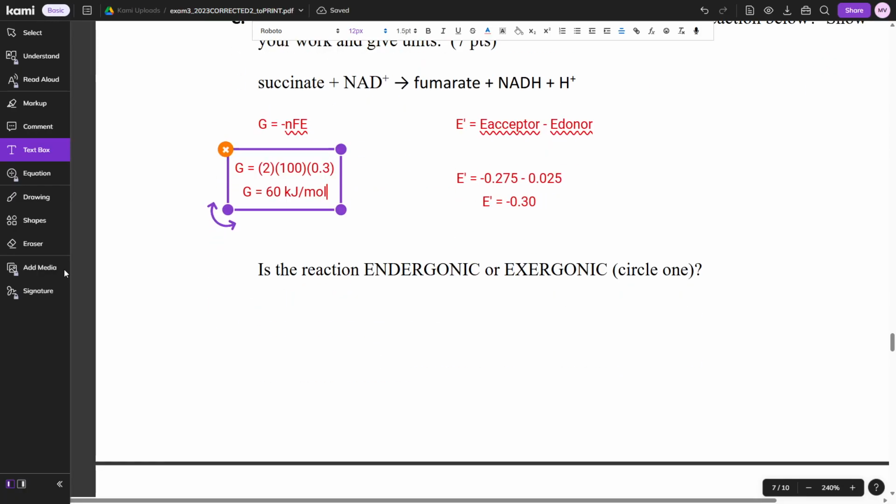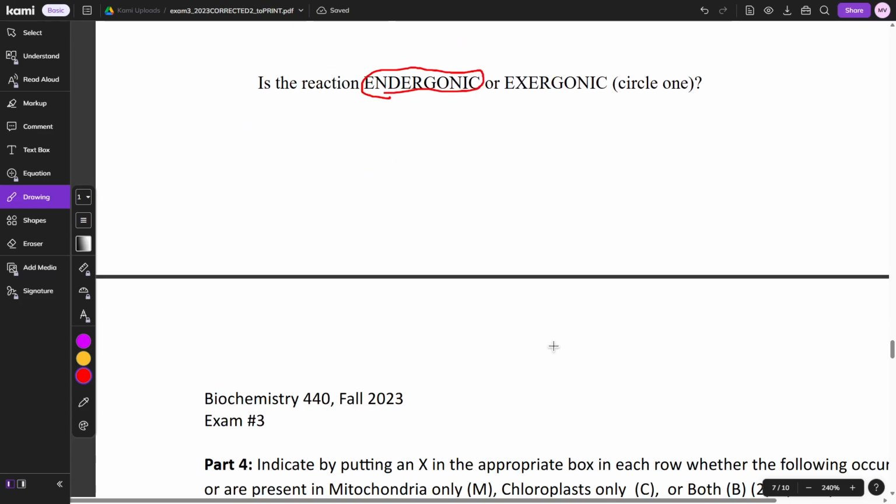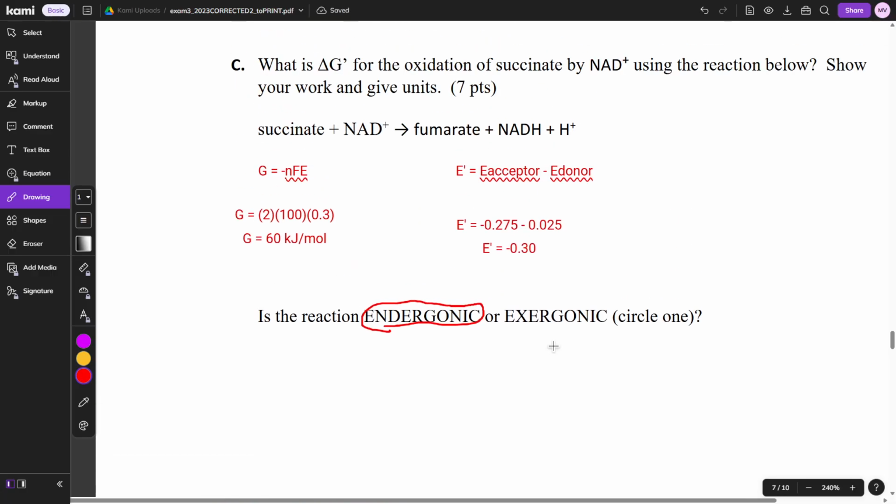So give me kilojoule per mole, and then is it exergonic or endergonic? Endergonic. Why is it endergonic? Positive. Yep. What would the E have to be for it to be endergonic? And for it to be exergonic? Positive. Yep. What about the KEQ, the equilibrium constant?